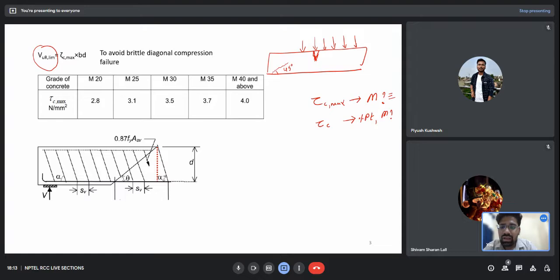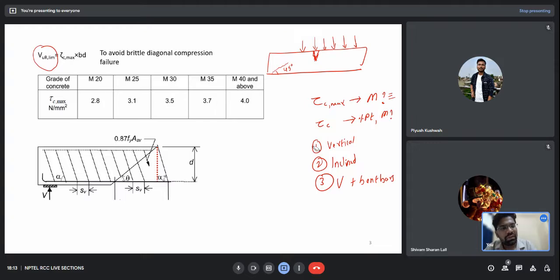So moving on further, now let's see how we provide the shear reinforcement. Shear reinforcement is mainly classified into three types. Firstly, the vertical stirrup; secondly, the inclined stirrup; and third, vertical plus bent up bars.